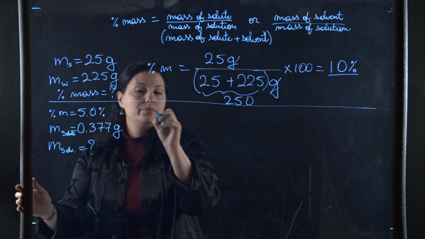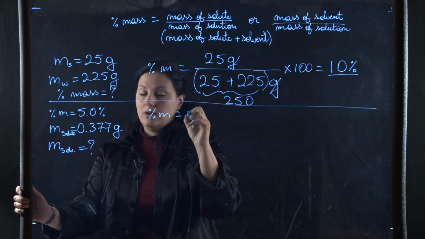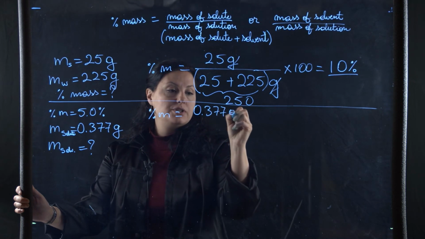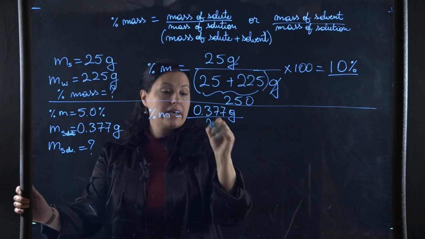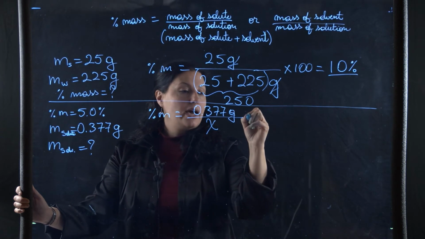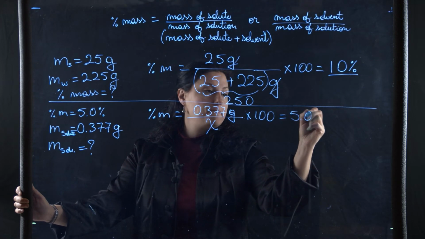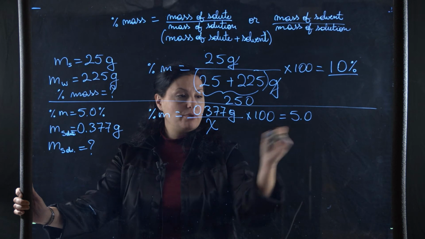Now, what do I know? I know that I have 0.377 grams, which is the mass of my solute, divided by my mass of solution, which is X, I don't know it, times 100 gives me 5%. Now to get rid of that percent, I divide by 100 on both sides.